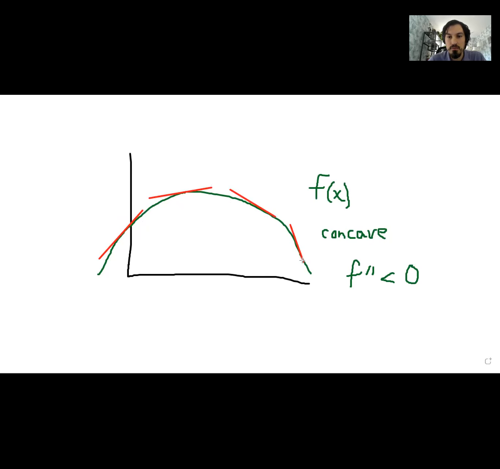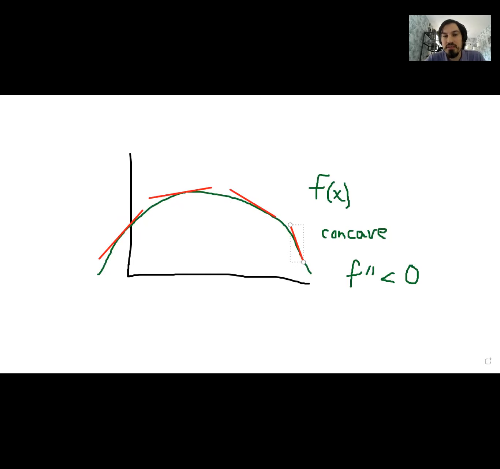Here's another slope in red. You can see how the slope is positive here, 0, negative, negative. It's always decreasing. And you have this notion, f of x is a concave function because f double prime is less than 0, right? You would also have the same notion for convexity, the reverse. The function is convex if f double prime is positive.